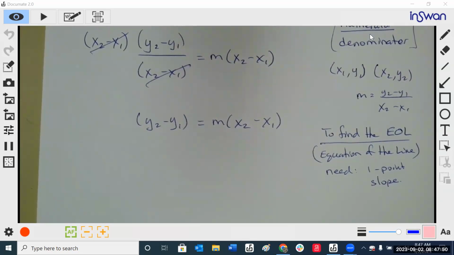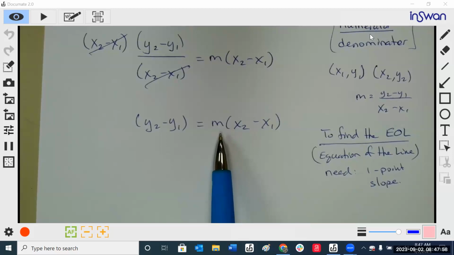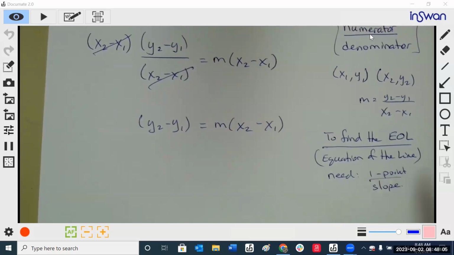Because if I give you 2 points, then the first thing you have to do is find the slope anyway. Because if I just plug in those 2 points, what would I find? M. So you're gonna do it anyway. So let's go ahead and do it first. So what you need to find the equation is 1 point and a slope.